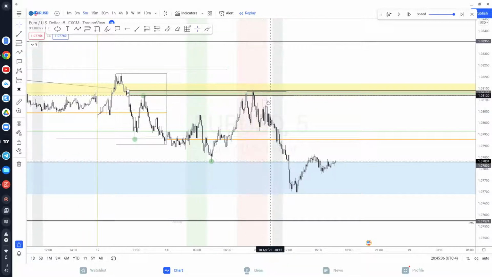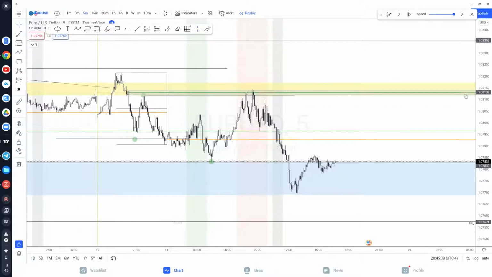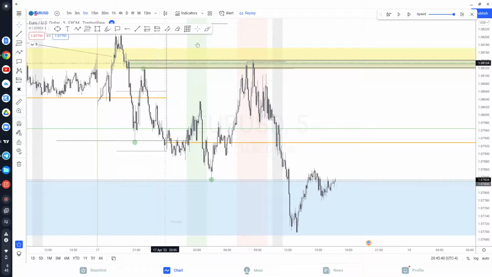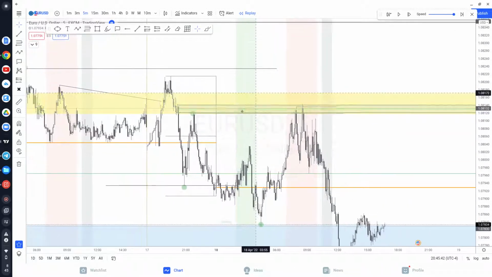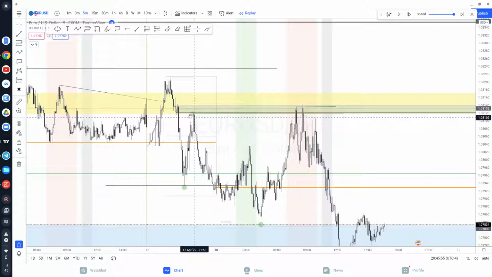And then the other takeaway from today is understanding that if context is present, right, which in this case context was present, we had time 8:30, we had price at the extreme portion of a range, we had a swing high that was induced, right?